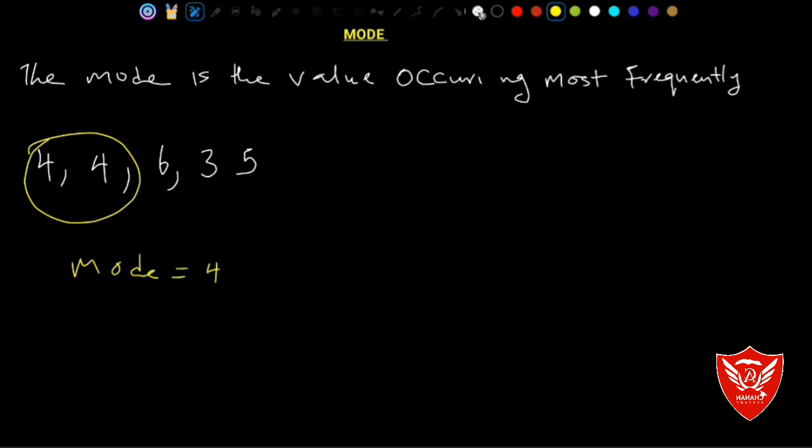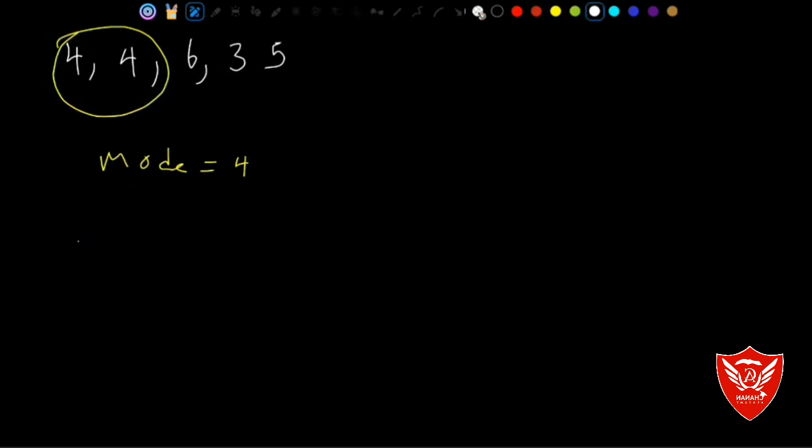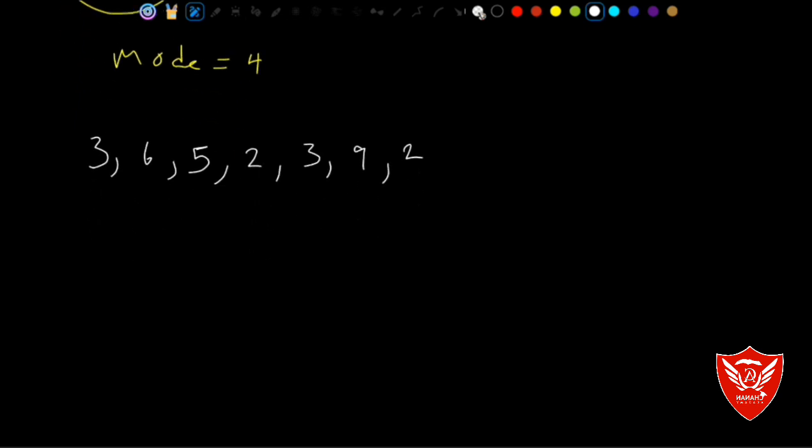Now let's take another example. Suppose we have 3, 6, 5, 5, 2, 3, 9, 2. Now, if you arrange this in an array format, you're going to have 2, 2, 3, 3, 5, 6, 9.